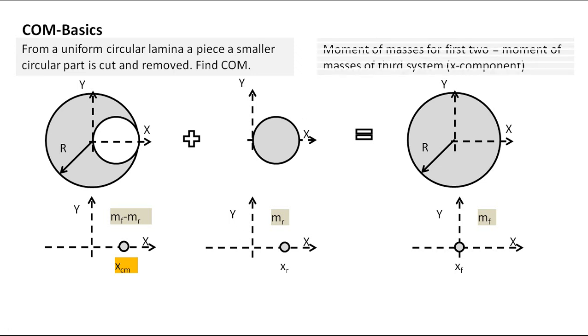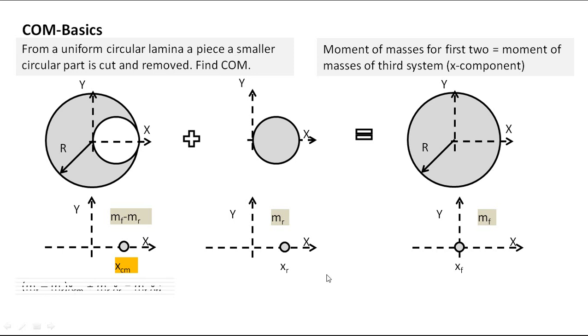So how do you find this? The moment of masses of the first two has to be equal to the moment of mass of the third system. We will take only the x component. So the moment of this mass plus the moment of this mass, in x coordinate, will be equal to this.